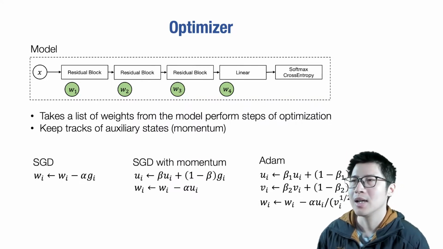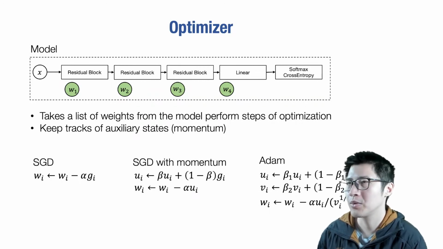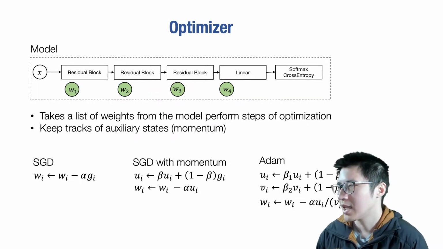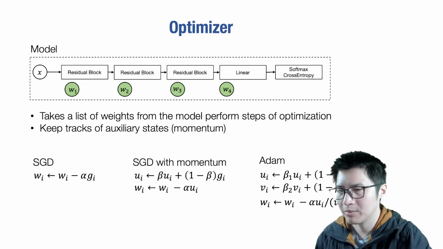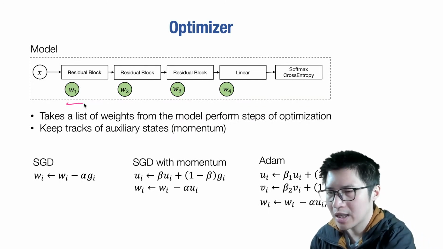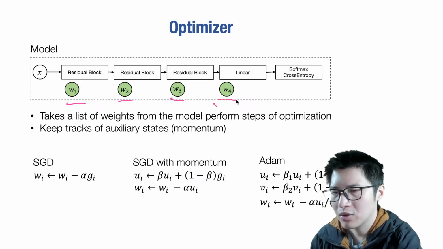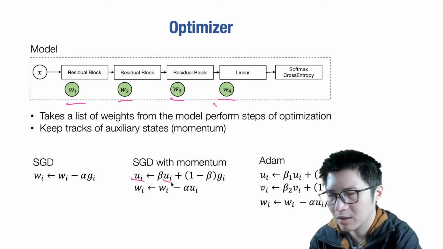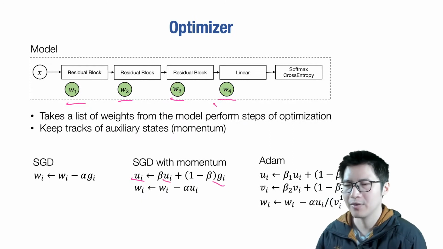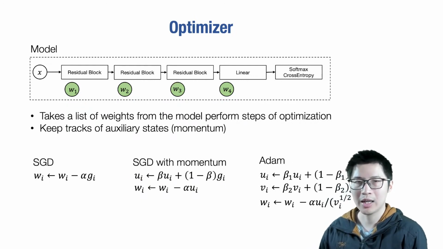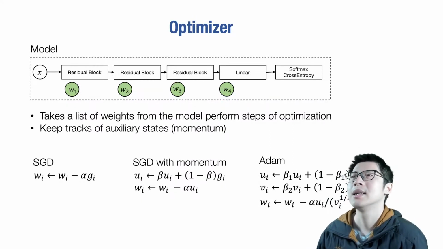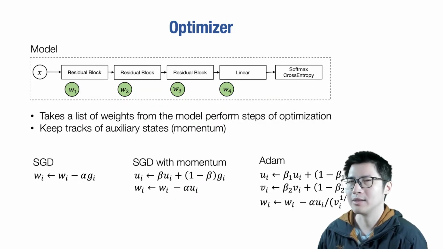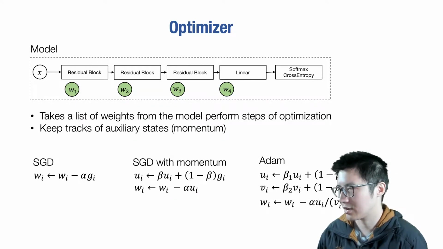Another thing the optimizer needs to do is create and keep track of auxiliary states. For example, the model itself only comes with weights, but in order to optimize those weights, we will need to create momentum variables. And those momentum variables are tracked by the optimizer in its internal state as well.